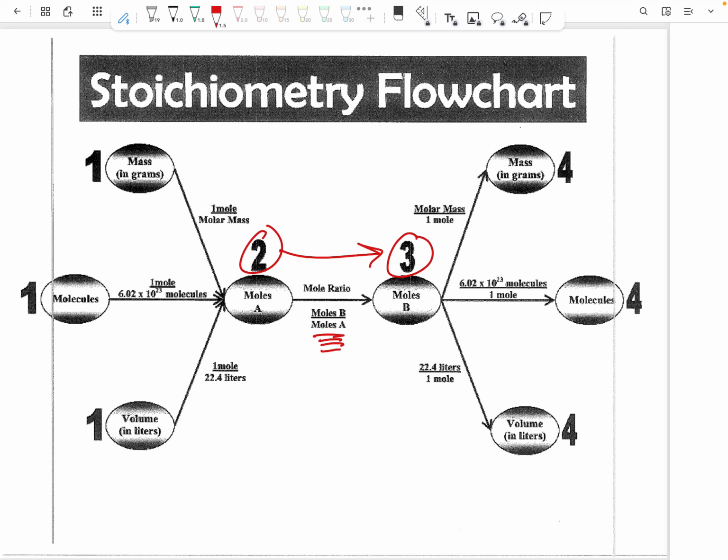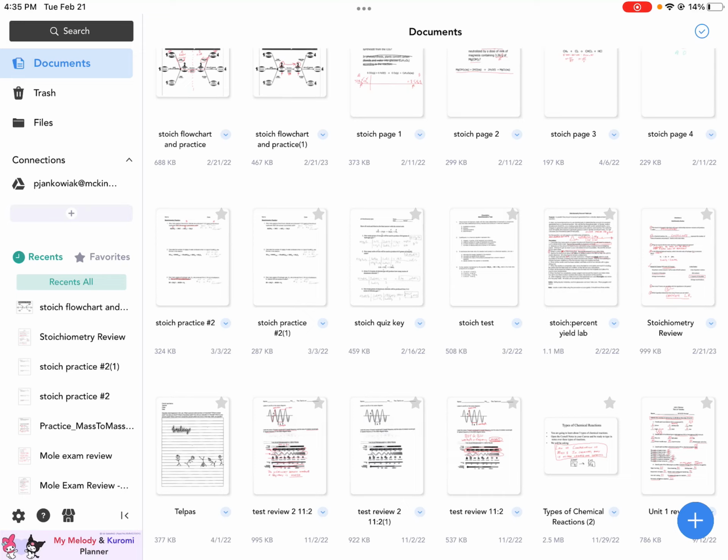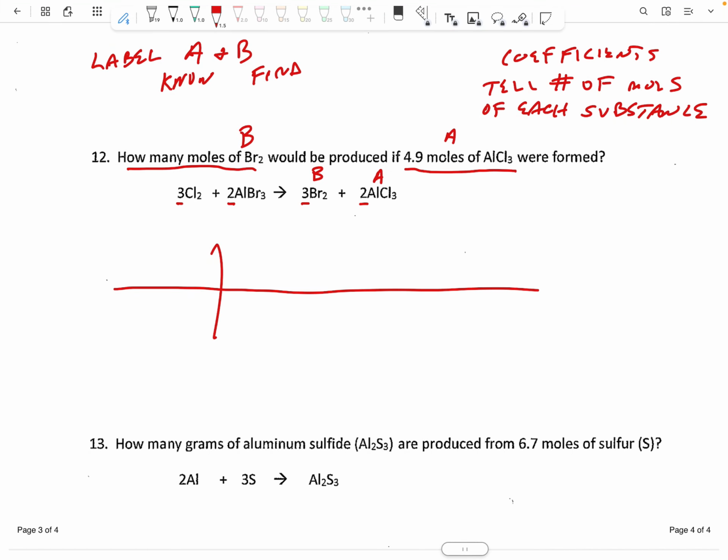Okay, so we start with the moles of A, and we're going to the moles of B. So I'm going to label this side A, I'm going to label this side B. My B is, we're trying to find moles of bromine. That's what we're trying to find.